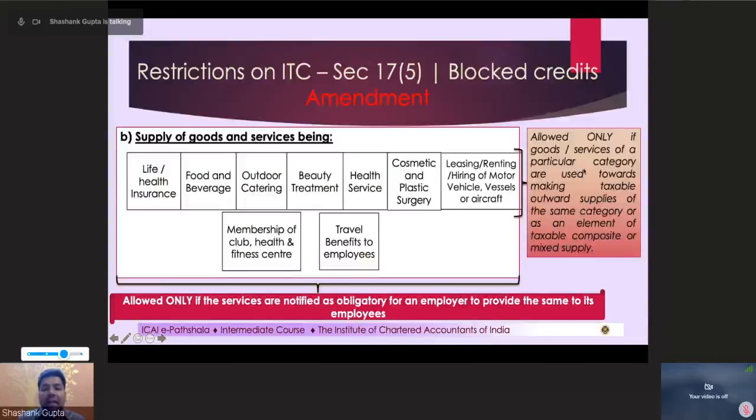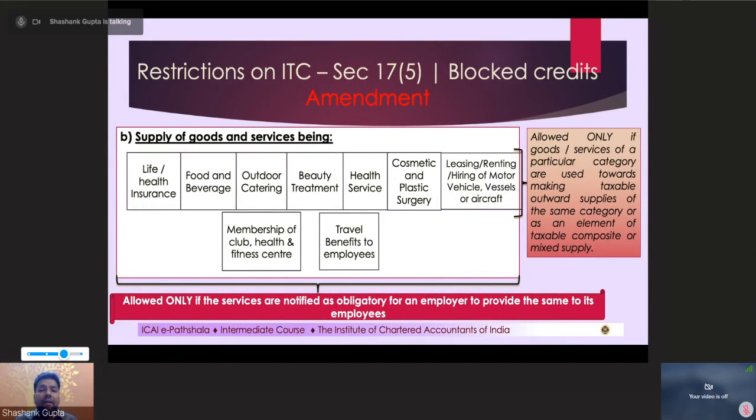For this line, credit is allowed only if goods or services are used towards making taxable supply of the same category. That is, when McDonald's is buying that ketchup from the manufacturer of ketchup, they get these sachets.